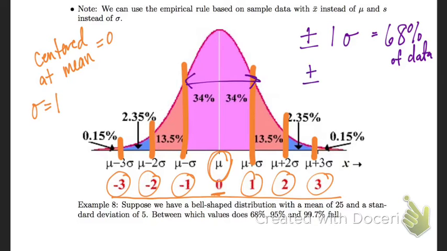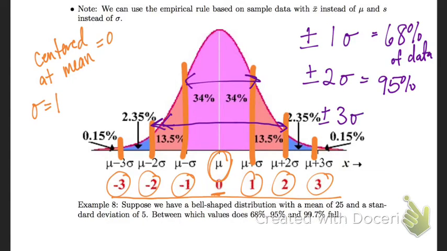If you go out 2 standard deviations, that is 95%. And plus or minus 3 standard deviations is 99.7%, which virtually captures all of the data.